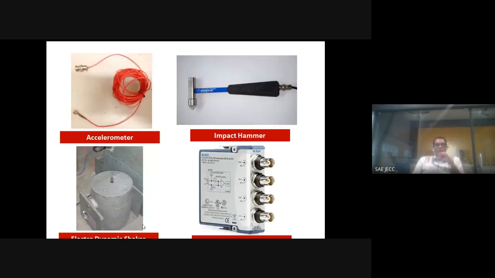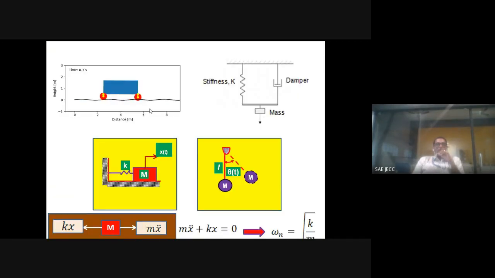Now we have to move to the next slide, where suppose a car is moving on a level road. Even if the road is so smooth, there will be some undulations. Those undulations will be experienced by the passenger who is traveling in it. Even though the shock absorber is there, there will be some effect of the road undulations on the comfort of the passenger. So we have to model it.